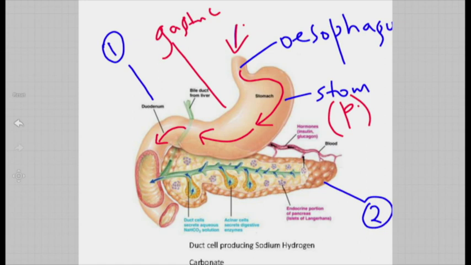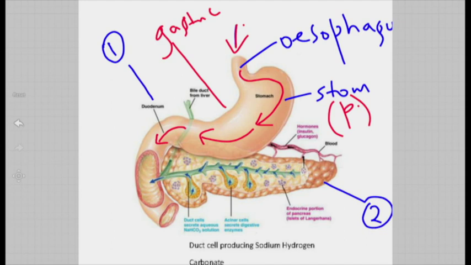Now in the duodenum, all the food items, the proteins, the carbohydrates, the fats are digested. Or to put it differently, the polypeptides, which are from proteins, and the maltose, which is from carbohydrates, are further digested in the duodenum. So the duodenum is where all the enzymes are active.